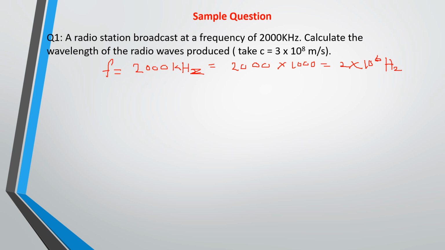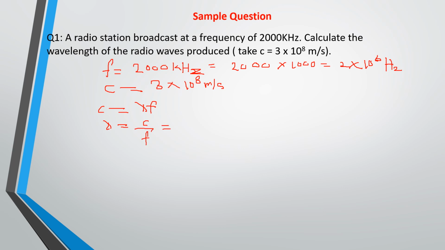Then you are given the velocity of light, c equals 3 times 10 raised to power 8 meters per second. We have said that you are looking for wavelength from c equals lambda f. Lambda is equal to c all over f.